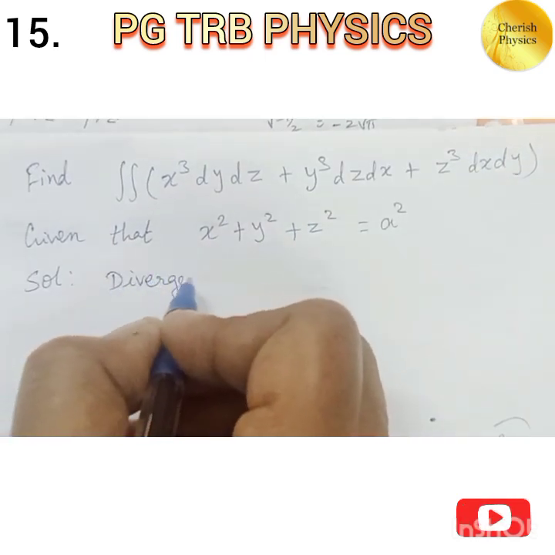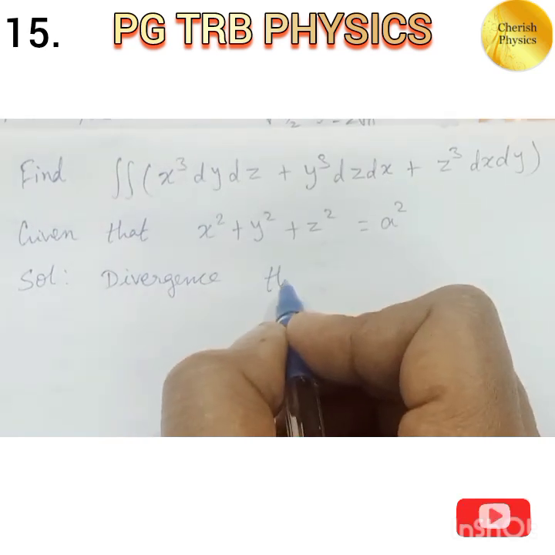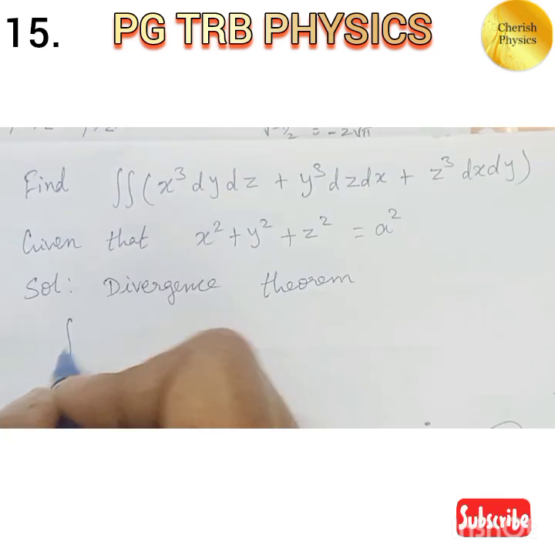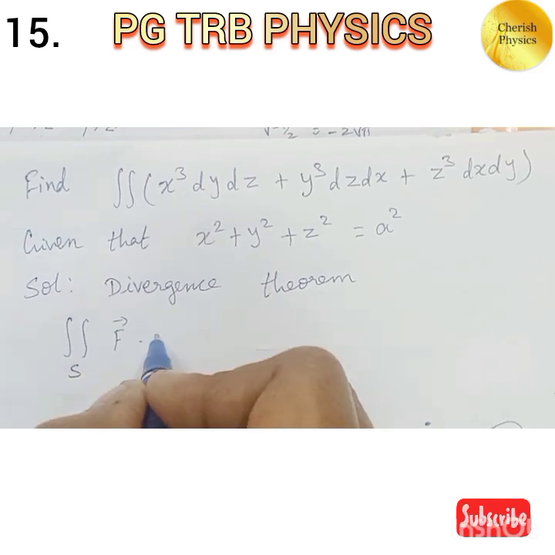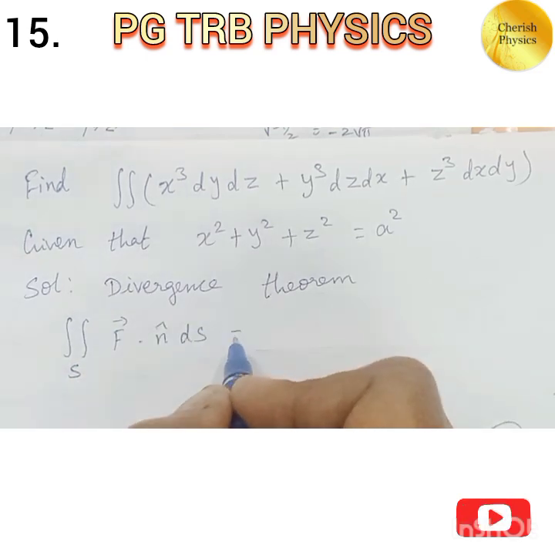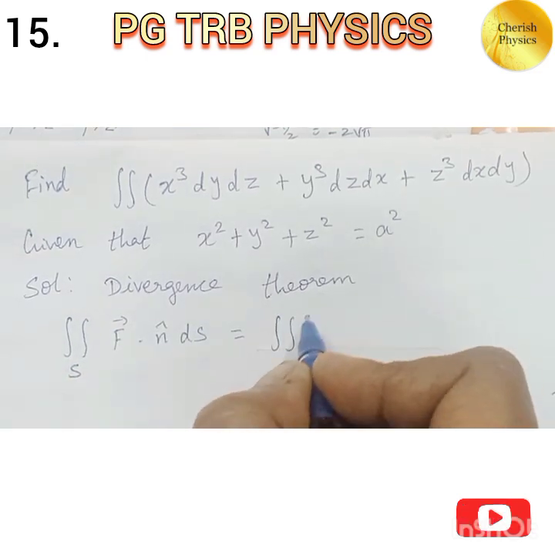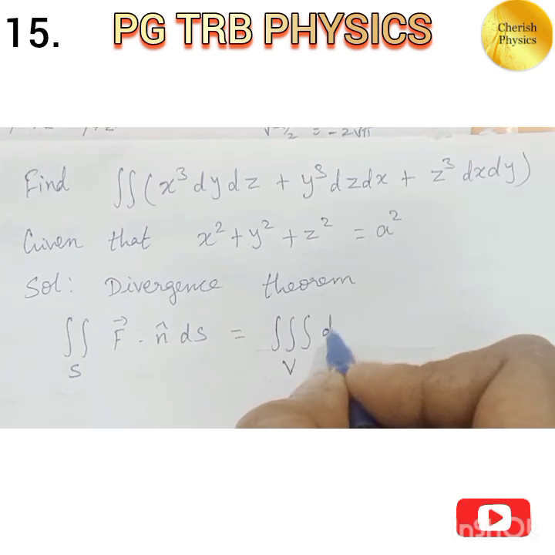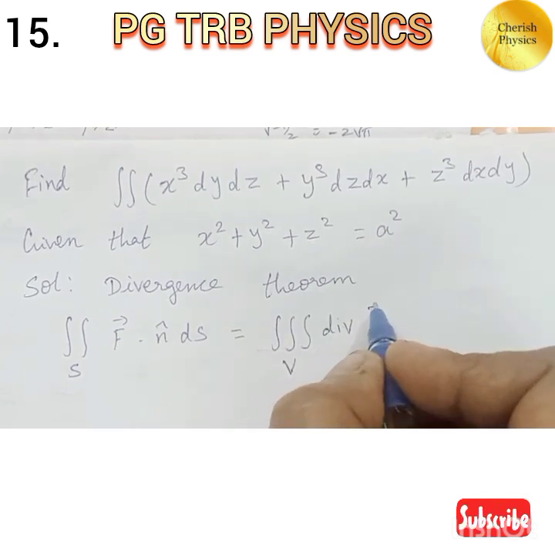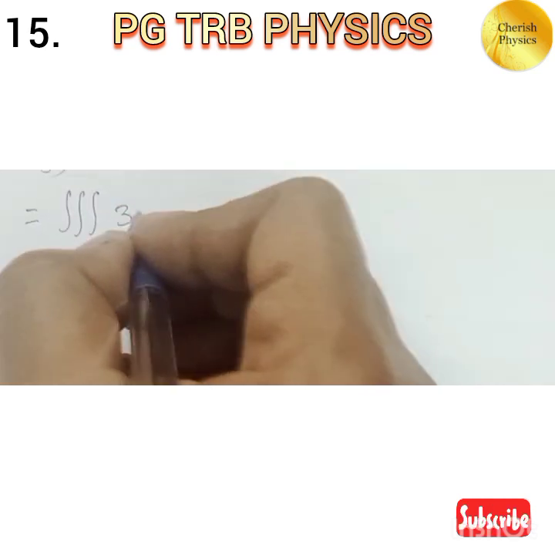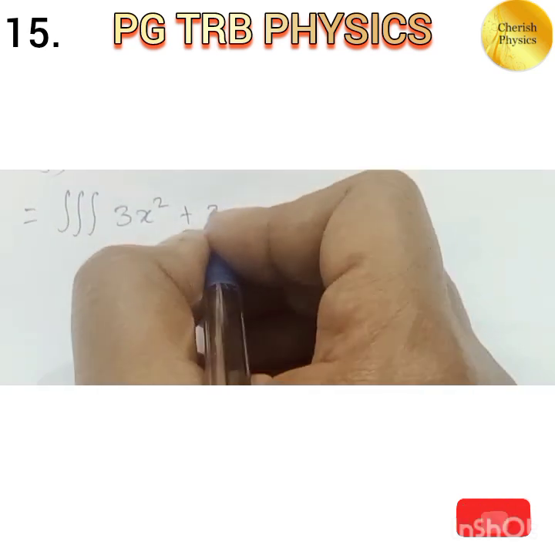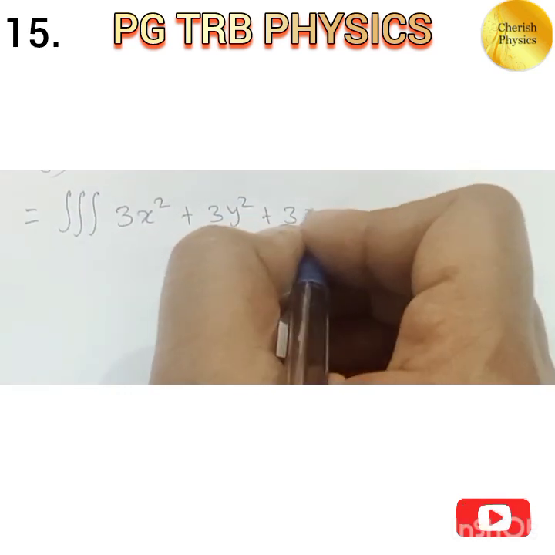Solution. Here let us use divergence theorem. Integral over the surface of F dot unit vector n into dS, which is equal to integral over the volume div F vector into dV. Differentiate the term, we get 3x squared plus 3y squared plus 3z squared into dV.